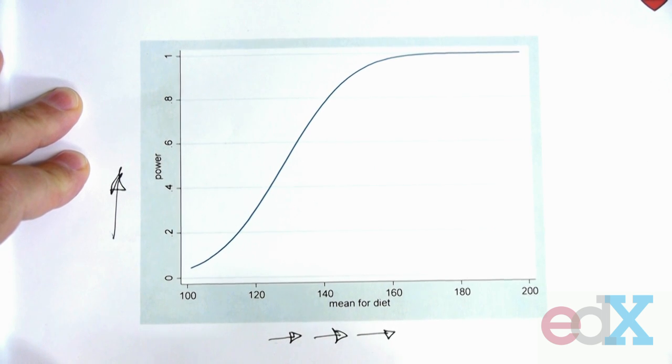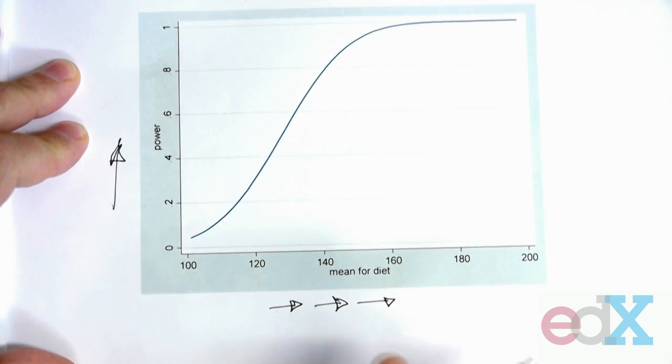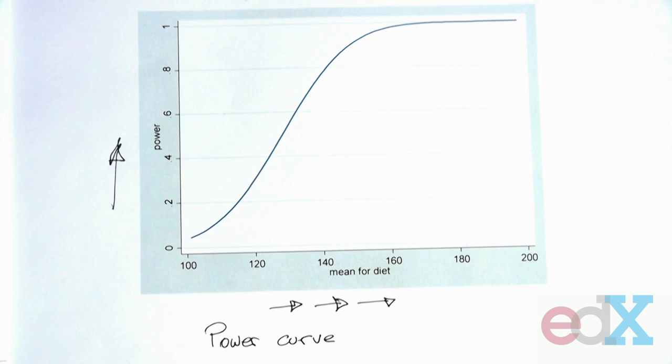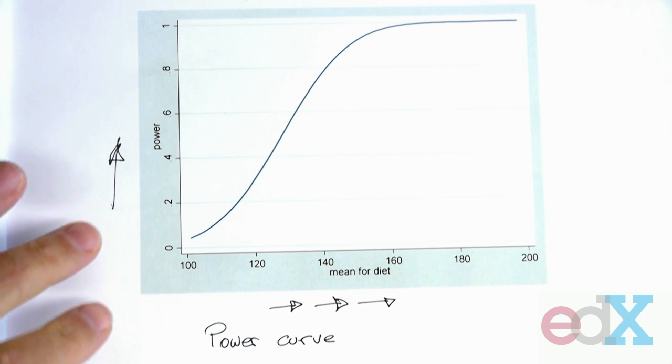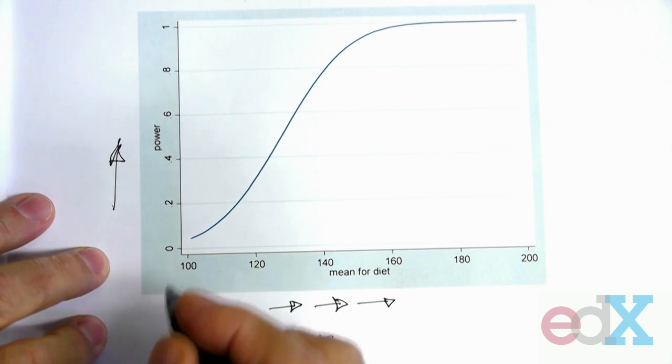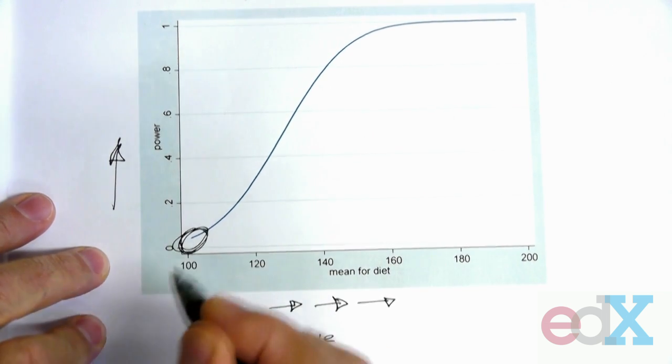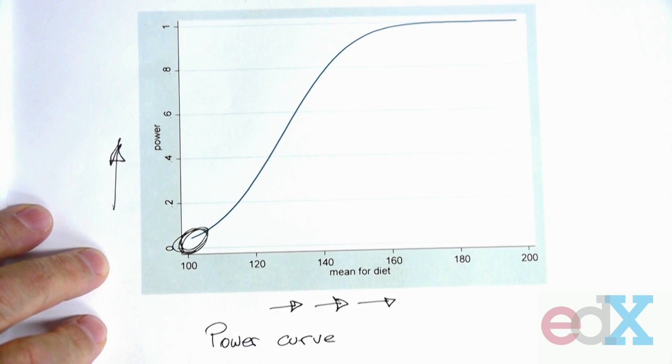So it tells us that the power goes up as we get further and further away from the null. So you can see if there's a small difference between the null and the diet, we're not going to have very much power to detect the difference.